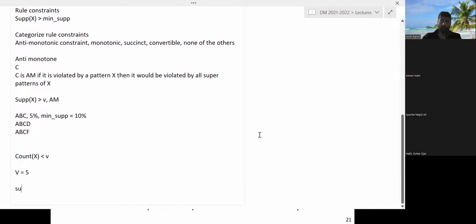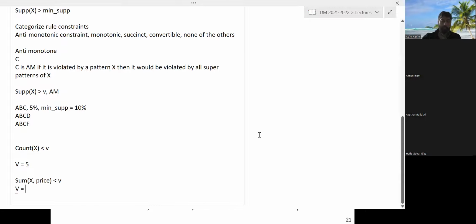So what about, for example, sum of the prices, or it could be any, depending on the problem. Let's say our problem is item sets that are sold at a store. So sum of the price of the item sets, if that is less than V, so this is also anti-monotone. Why? Because if you have a basket that contains some items and the sum of the prices of those items is greater than V, meaning that the person has bought, let's say V is, let's say 2000 PKR.